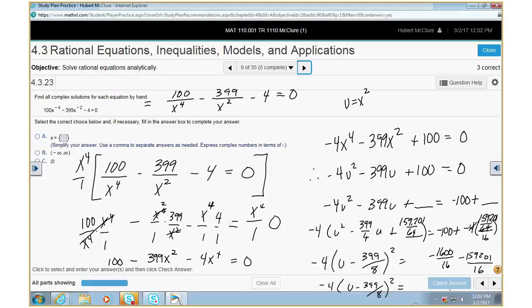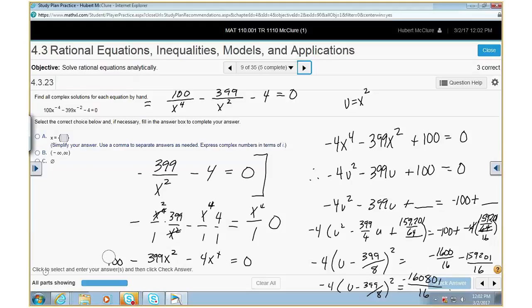Somebody help me. I'm just using third grade math up here. Over 16. Now we're going to have x-intercepts, because you're dividing the negative by negative, so you're going to have a positive.